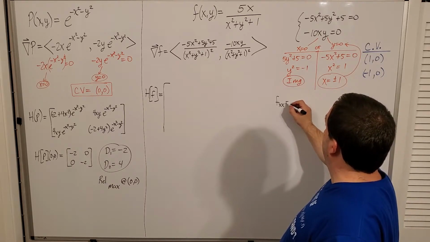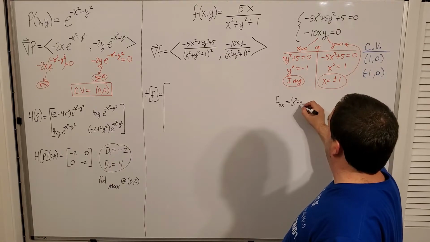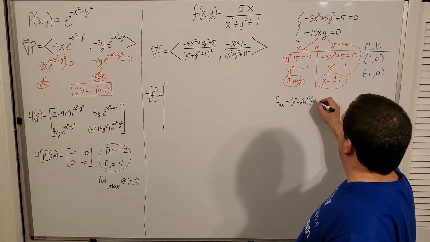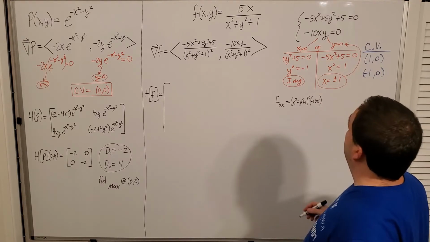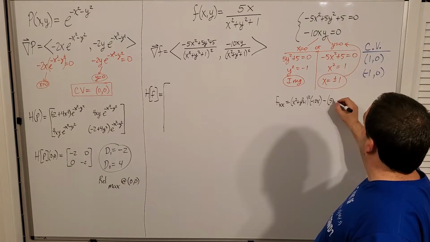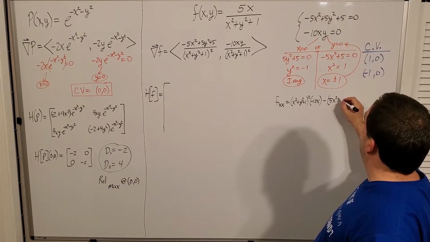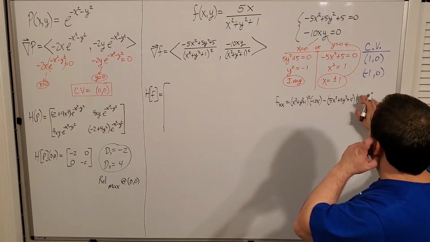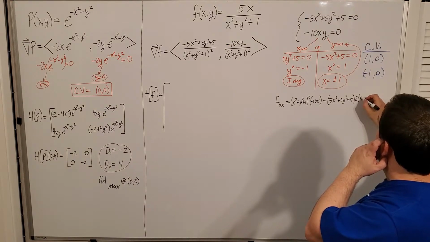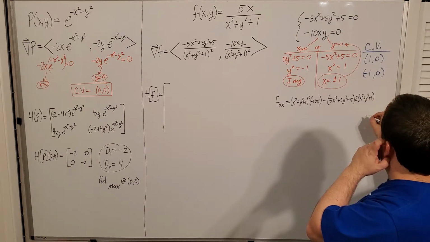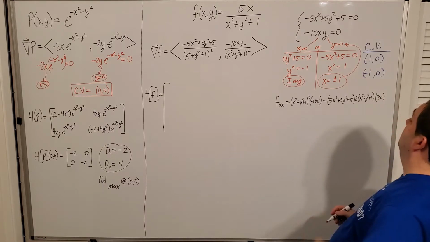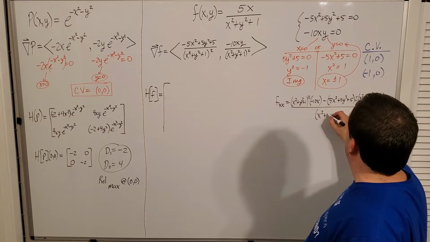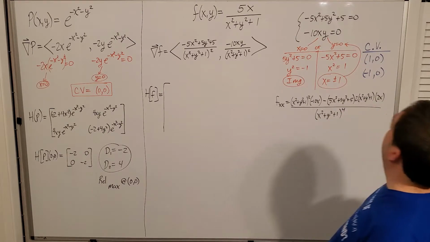Okay, so low d high, x squared plus y squared plus 1 squared minus 10x minus negative 5x squared plus 5y squared plus 5. D low is 2 times x squared plus y squared plus 1 times 2x. Okay, and square of below gives me x squared plus y squared plus 1 to the 4th.